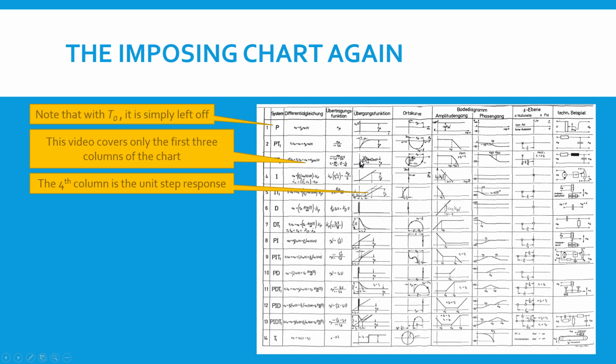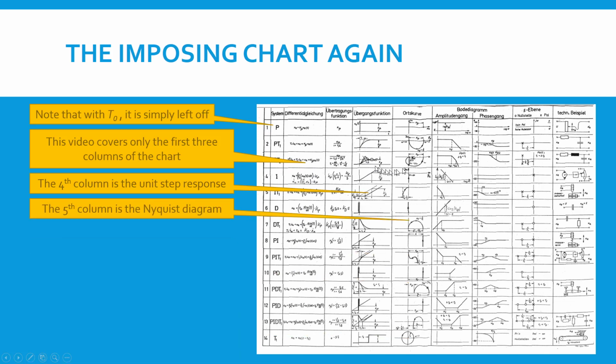I have 2 videos, one about the step response of a first order system and one about the step response of a second order system. But the step responses of all these different systems are shown in the chart.